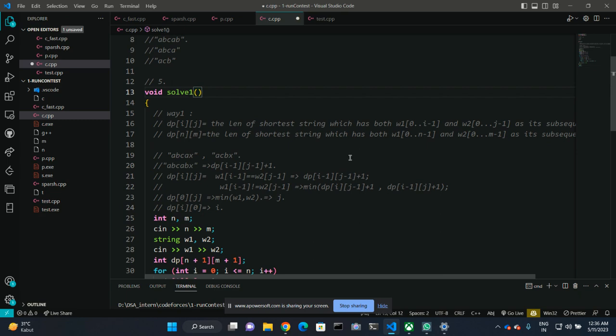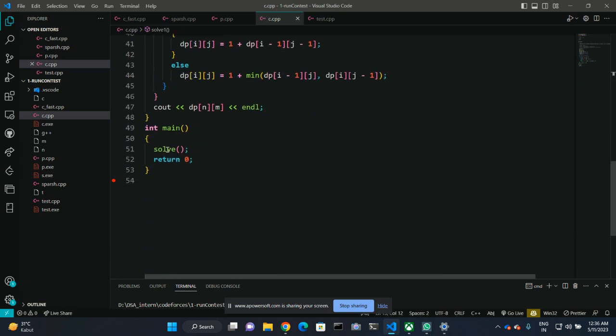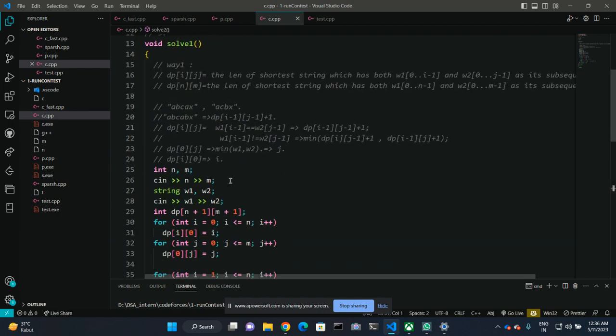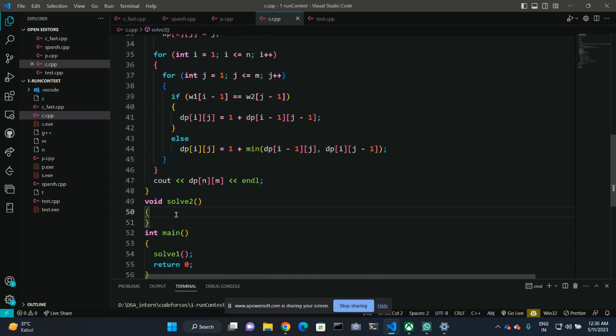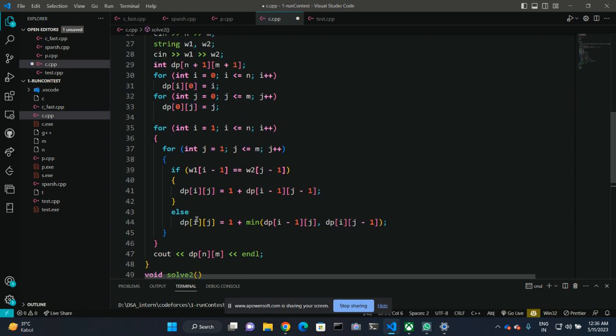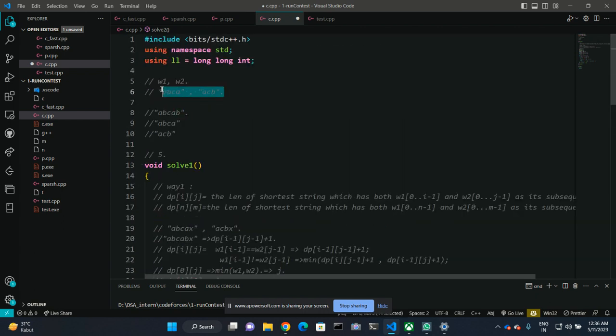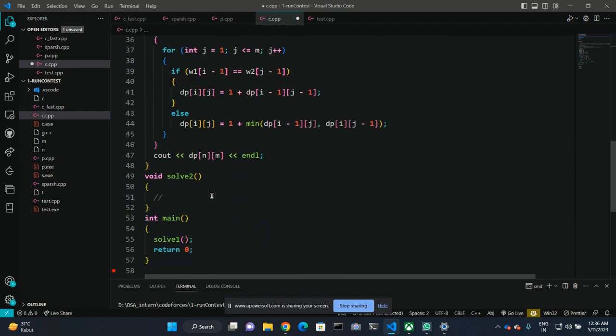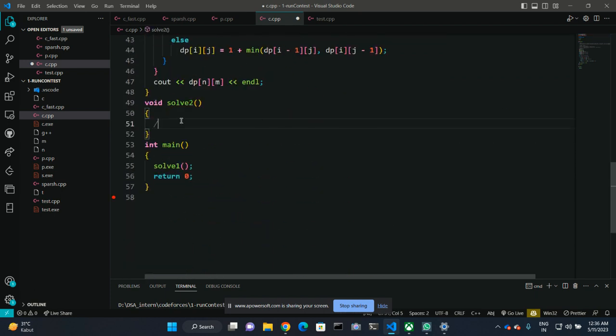This is solve one. Let us go for solve two. So how do I do this? Consider the same example. What is the longest common subsequence among them?